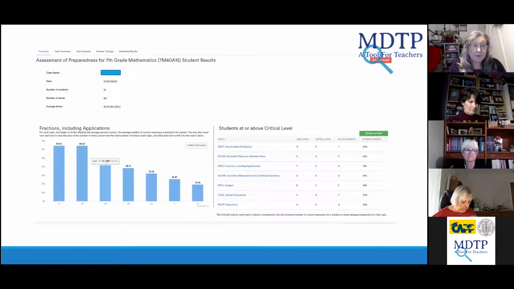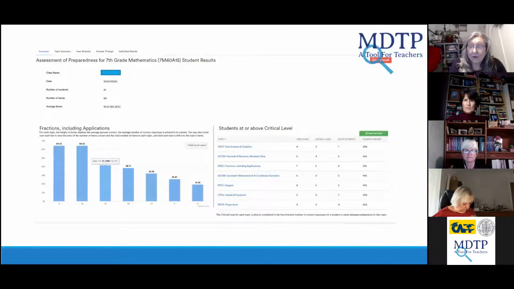Here we see the summary page for one of the assessments that has been given to a class. We see that there's 31 students in this class. And looking to the right, we see our topics and our critical levels. One of the things that I look at when I look at these reports is the item counts, the total number of students that have met the critical level, and then we also have the percentage.